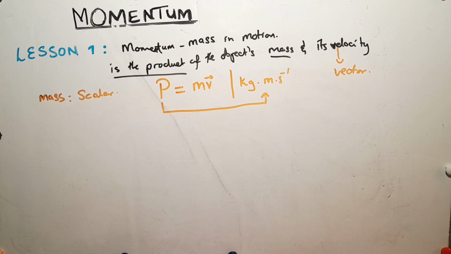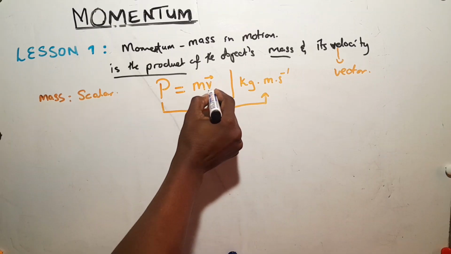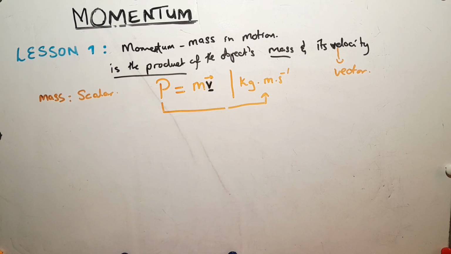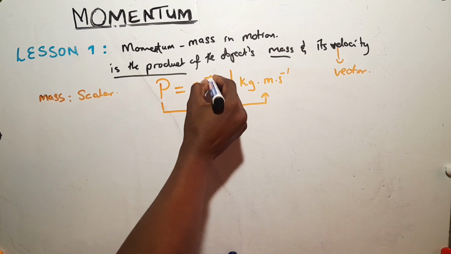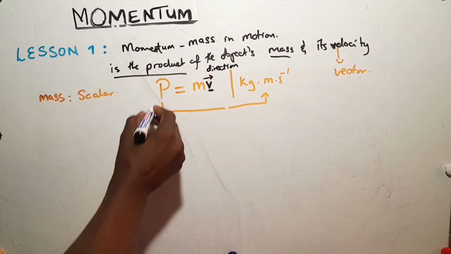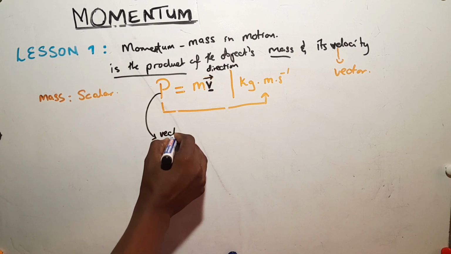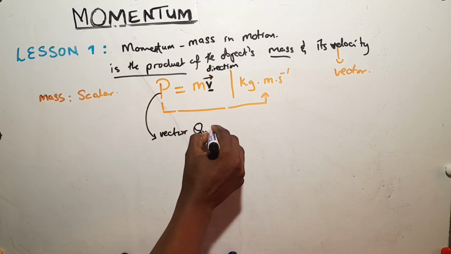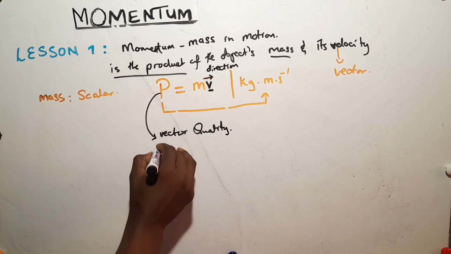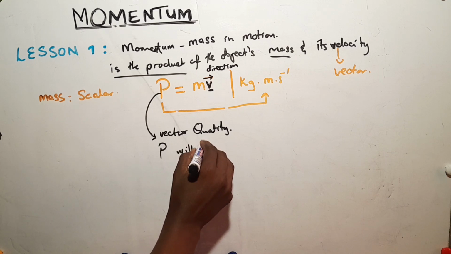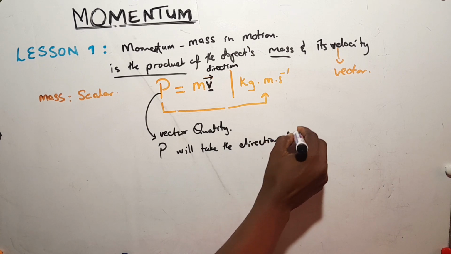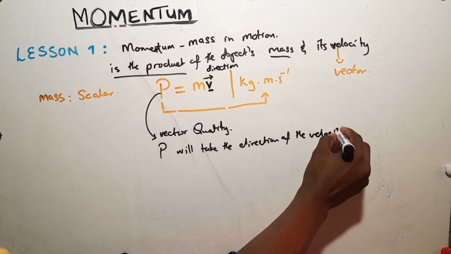Let's talk about something really important. Velocity is a vector. Velocity always has direction, magnitude and direction, which makes it a vector quantity. So momentum will take the direction of the velocity.